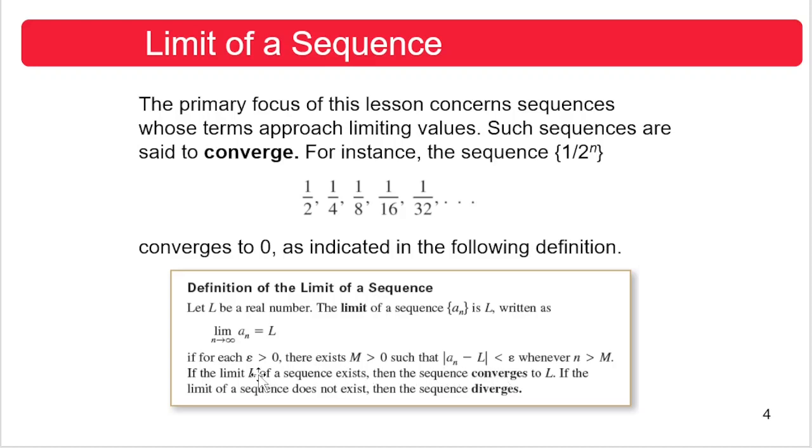If the limit L of a sequence exists, then we can say that the sequence converges to L. But if the limit of a sequence does not exist, then the sequence diverges.